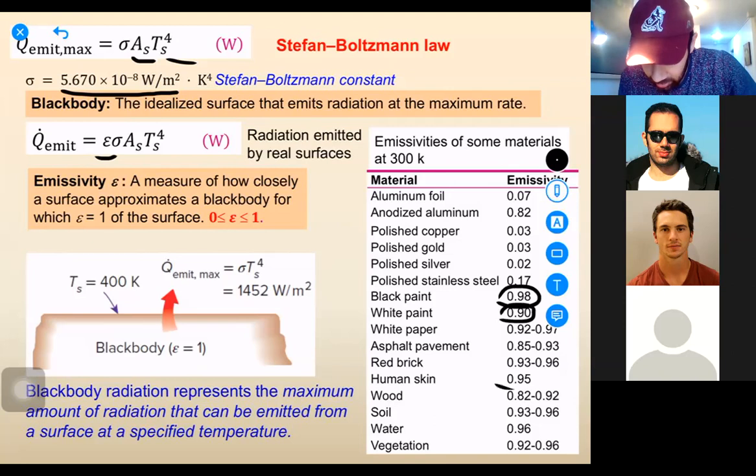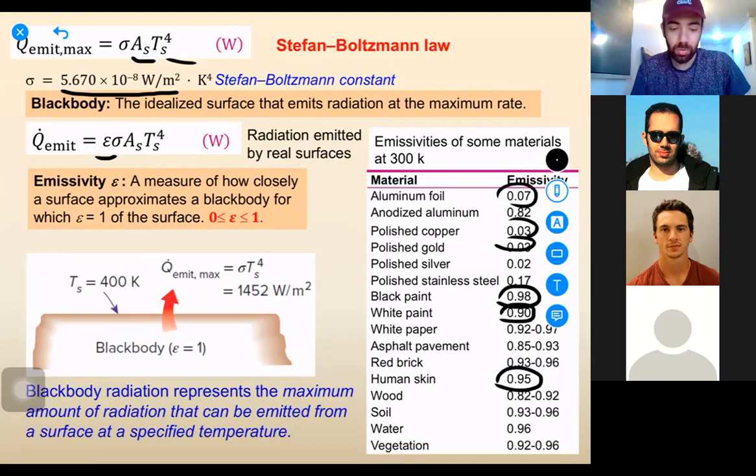For the skin, it is really close to 1 again, while we can see lower amounts for copper or gold and aluminum foil here. So epsilon is showing basically what fraction of the total energy is being emitted from that surface depending on its material. It is a value between 0 and 1.